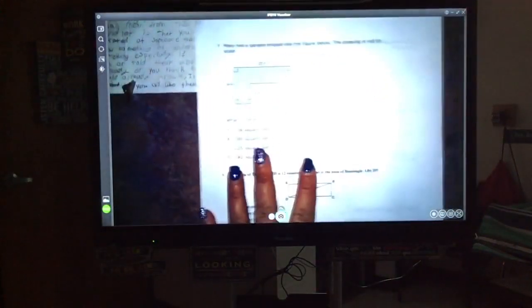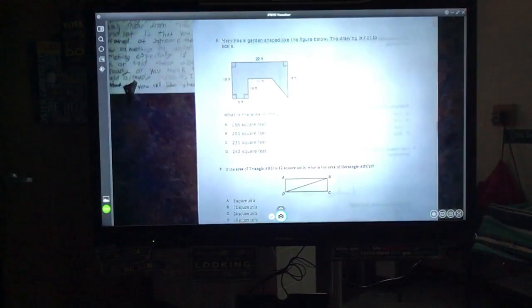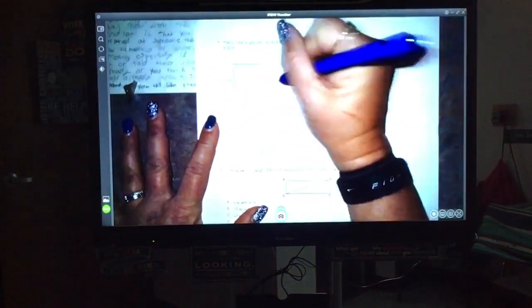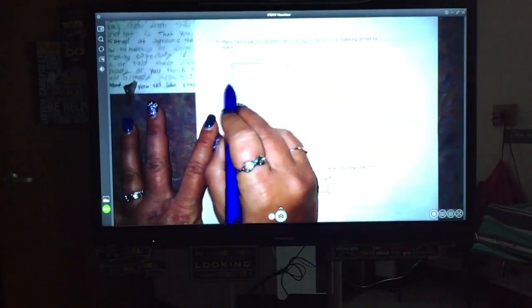Okay, so number 5 is kind of a weird one because it's what type of shape? Irregular. So therefore we have to put it into shapes that we understand. There are a couple different ways you can solve this problem. You can chop it here and here, or along here.